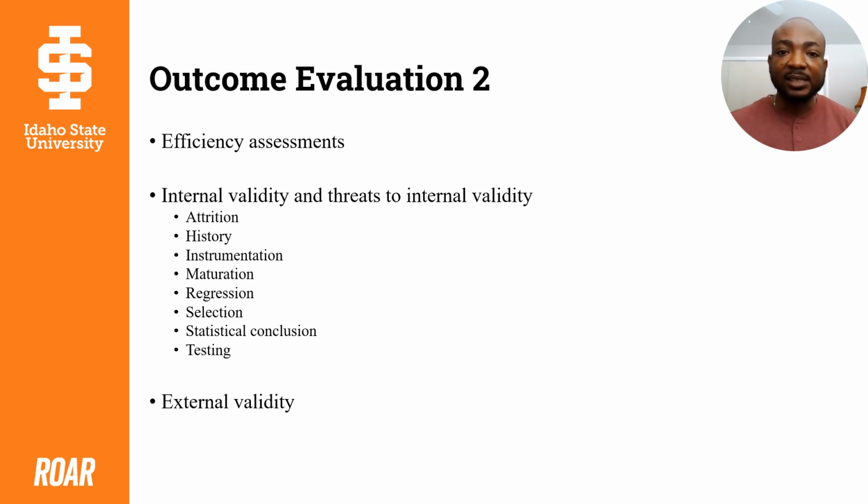Data for assessing the efficiency of an initiative must be gathered from all units participating in the initiative. And these cost-related data can be gathered from organizational records and receipts from staff, volunteers, and other stakeholders.